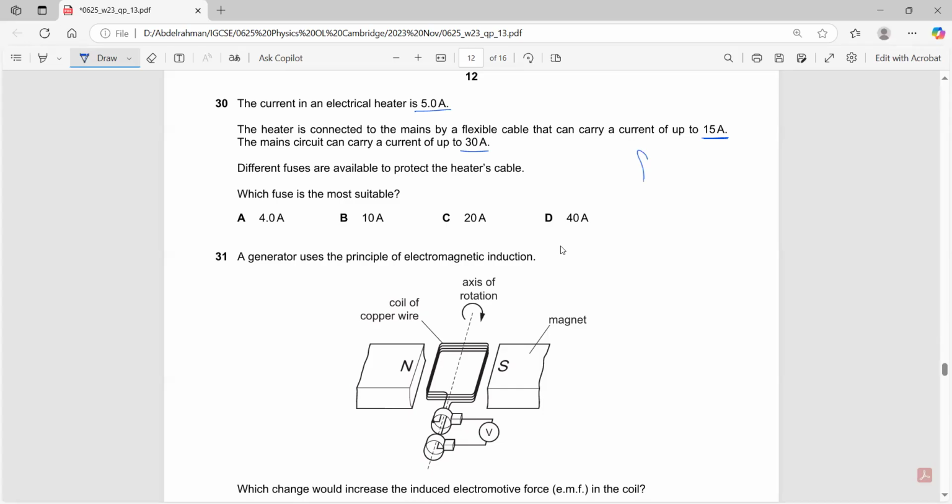We always said that a suitable fuse has to be greater than the device and less than the cable. So the device needs 5 amperes to operate normally, and the cable can withstand up to 15 amperes. So the fuse has to be something in the middle, which is 10 amps.